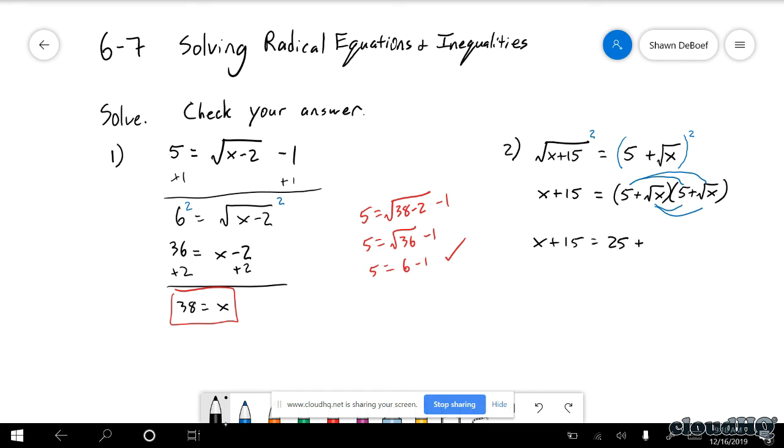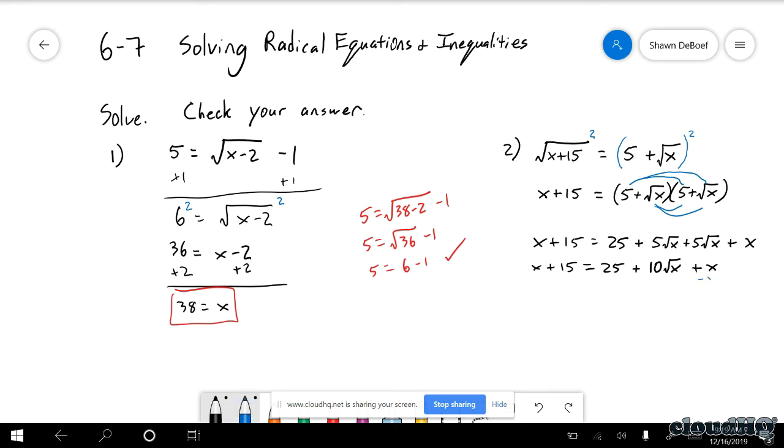So 25, and then 5 times square root of x is 5 square root of x. Then square root of x times 5 is another 5 square root of x. And lastly, square root of x times square root of x becomes just x. So 5 square roots of x plus 5 square roots of x combine to make 10 square roots of x.